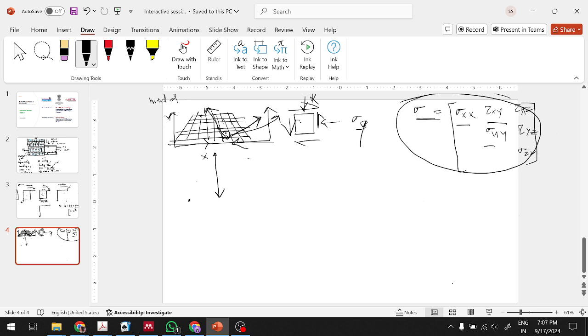So to eliminate that effect, at every point, you can rotate the axis such that you get your principal stresses sigma 1, sigma 2, sigma 3, and the shear stresses will be 0.